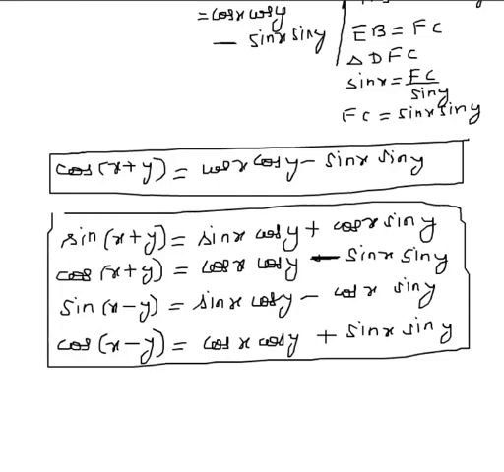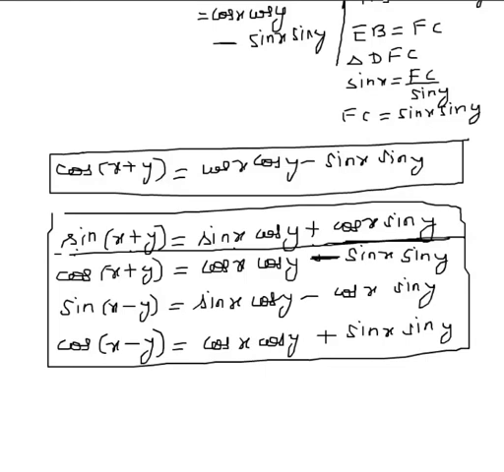and easy to memorize. See, sin is a good function and cos is a bad function. Remember it like that. So what it does is sin of x plus y. For sin of x plus y, sin takes the first one and gives the next one to cos. Plus sign is in between, so plus in between here. And next time, for the next term, sin takes y and gives x to cos. It is a good function.